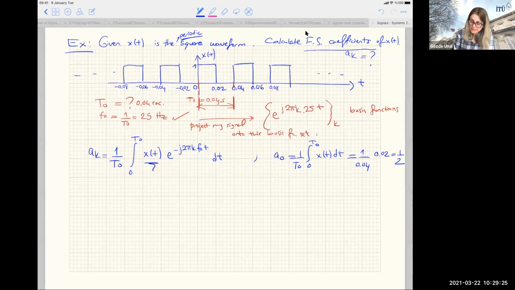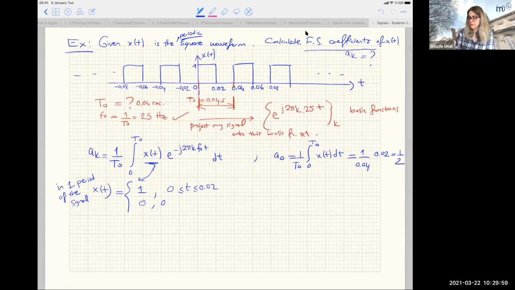Now, by the way, I can also express x of t in one period of the signal mathematically, right? Expressed mathematically, it's 1 for t between 0 and 0.02, and it's 0 for the remaining part, from 0.02 to 0.04, let's say.